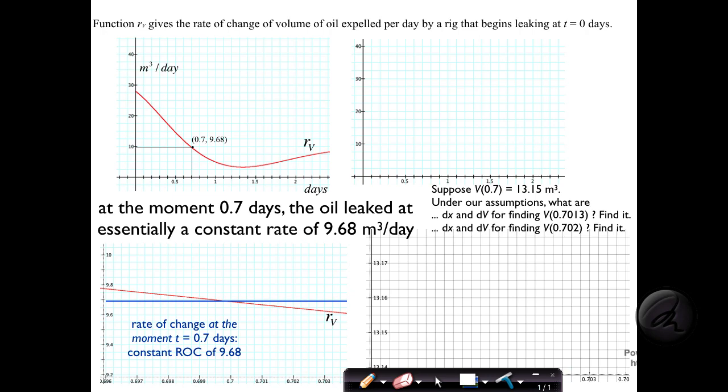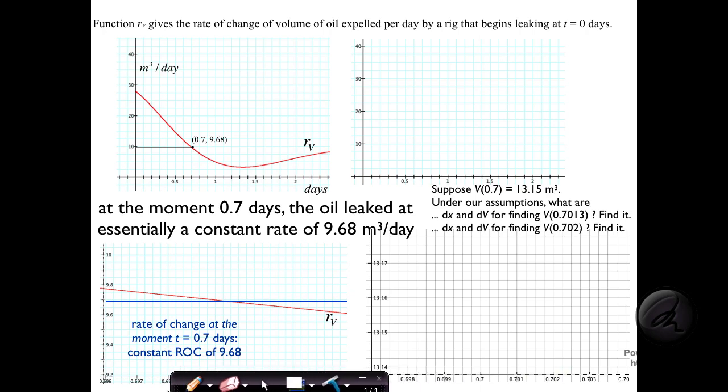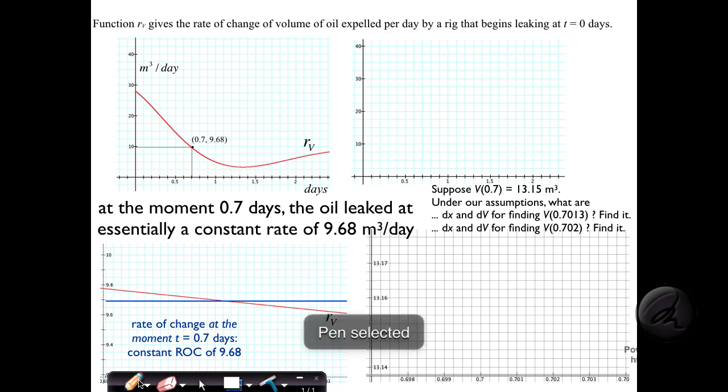So what we talked about at the end here was, let me scoot this again. If I want to find the volume of oil that's leaked by time 0.7013, if I have a value that's quite near there, 13.15, what we talked about was, so at time 0.7, we have 13.15 cubic meters of oil that had leaked.